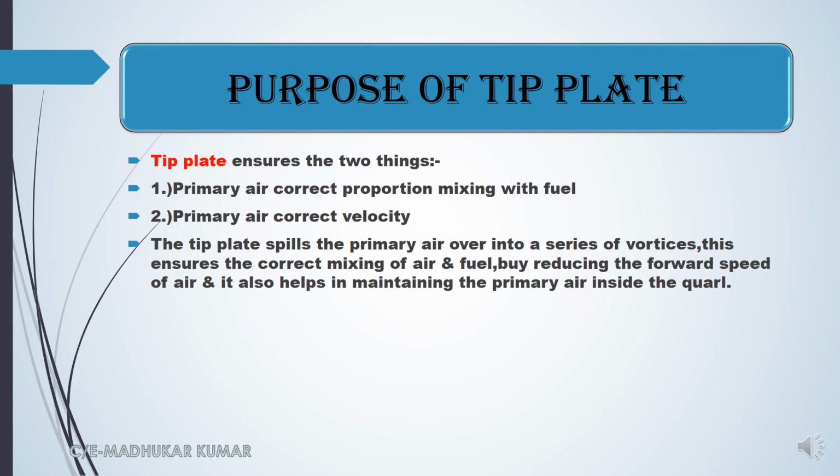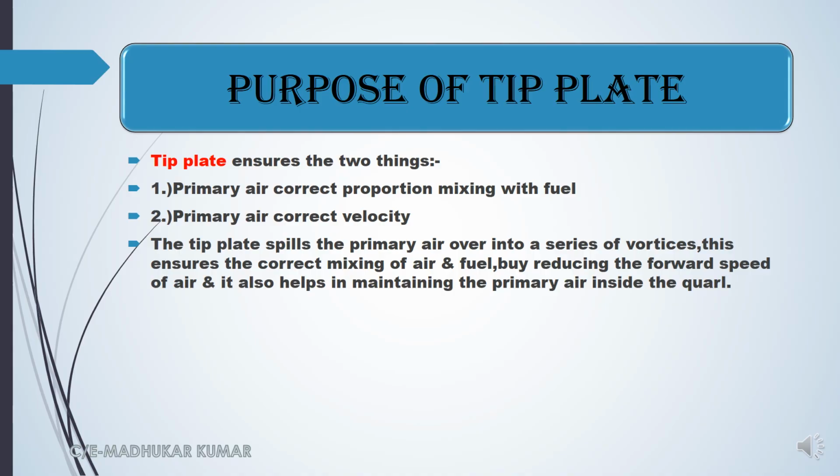So the tip plate spills the primary air over into a series of vortices. The function provided by the tip plate is to create the vortices, or rather the turbulence.